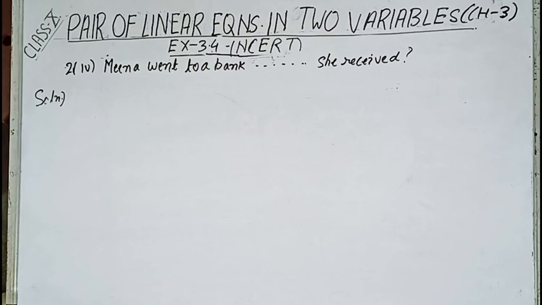So the question is, Meena has to take out rupees 2000 from the bank. She is asking the cashier to give the amount only in the denomination of rupees 50 and rupees 100. Now the total number of notes which he gave to Meena is 25. We have to find how many notes of rupees 50 and rupees 100 Meena received.